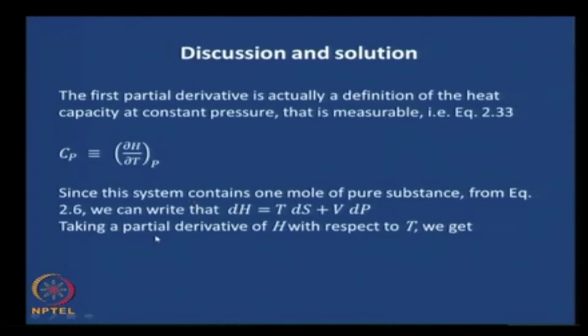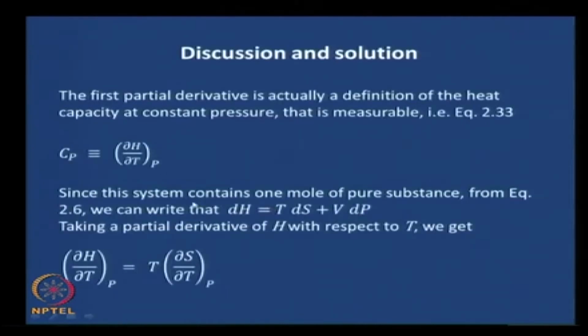Now if we take the partial derivative of H with respect to T at constant P, the first term will be T ∂S/∂T at constant P, and the second term is going to vanish because we are forcing P to remain constant. Therefore dP will go to 0 and this term would vanish. Therefore ∂H/∂T at constant P equals T ∂S/∂T at constant P.